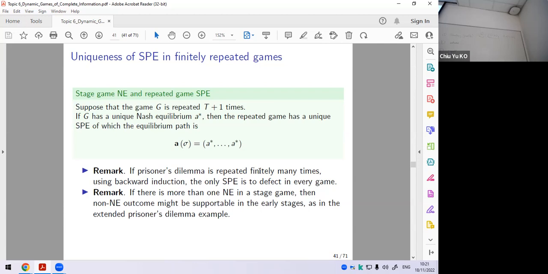Because you always repeat the destructive outcome. But if you think life is more complex, actually you can support some good outcome. So whether you are optimistic or pessimistic depends on whether you think life has more opportunity or not, right?